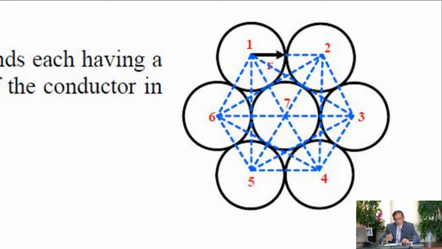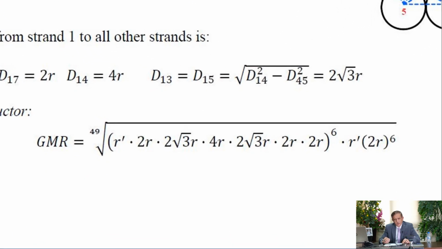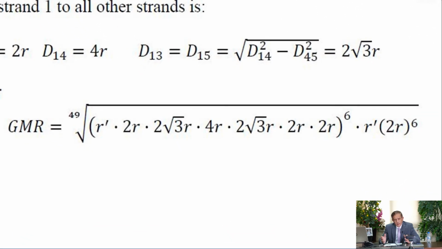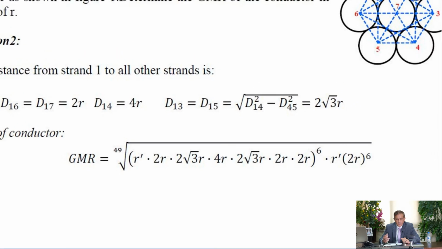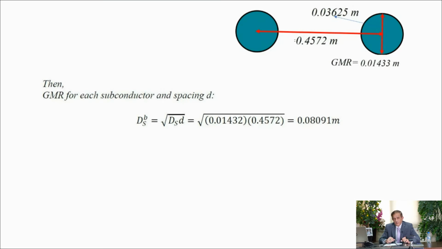We will continue up to the 7th strand. We will get 49 spacings. You multiply them to the power of 1/49. We said this is not practical, so that's why they give the geometrical mean radius for the strands inside the conductor. But the principle for geometrical mean radius inside the bundle is like this.